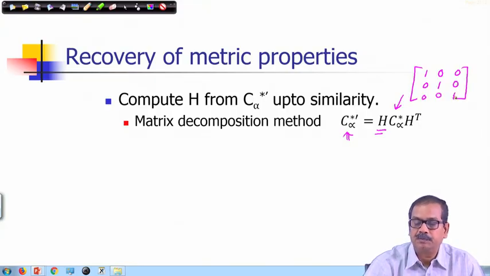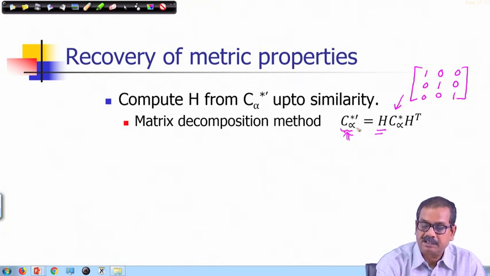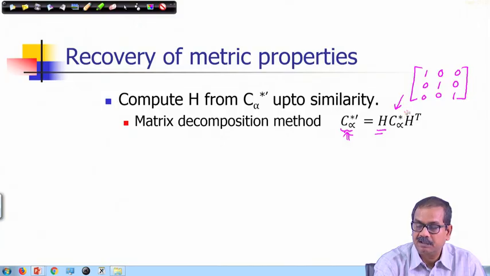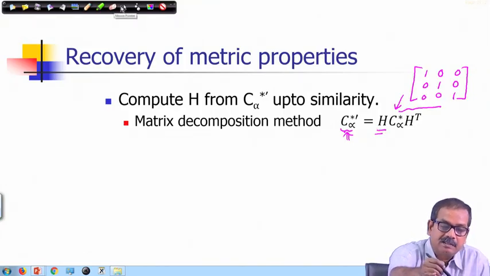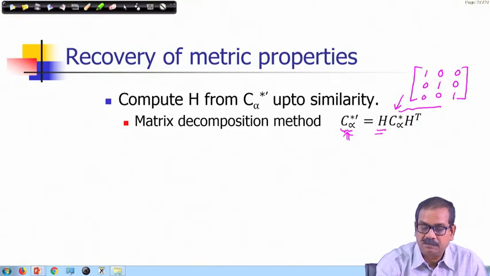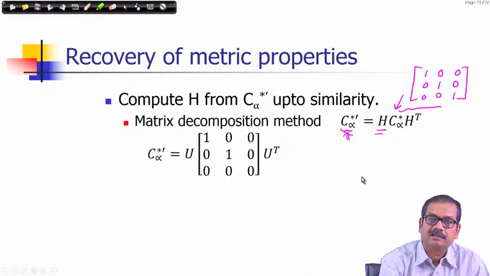So, if I can decompose this matrix in such a way that it has this form, with a matrix like this in the middle of the 3 matrices, then this could be a homography. One such method could be like this. Since this is a symmetric matrix, because a conic is a symmetric matrix, we can decompose it in this way.